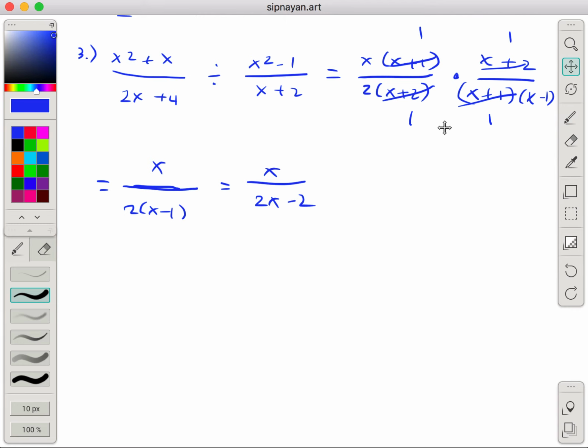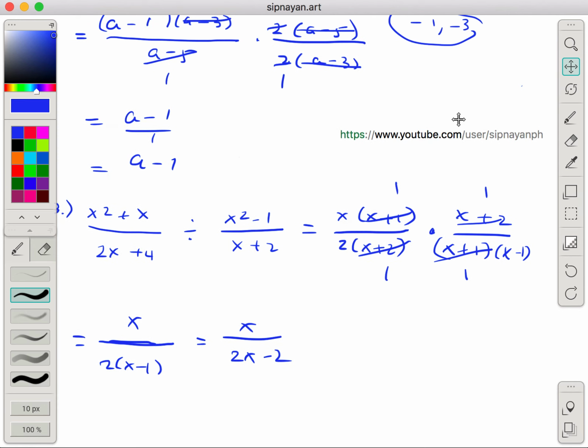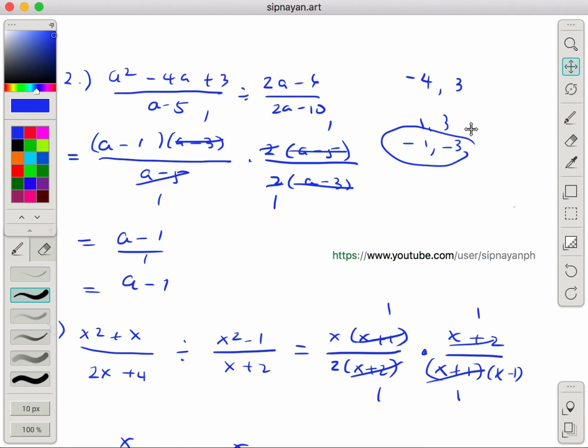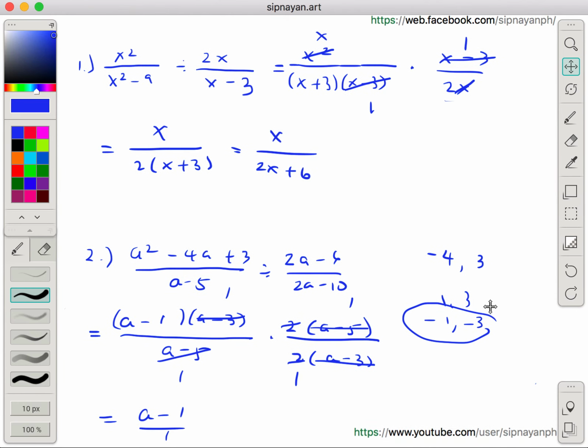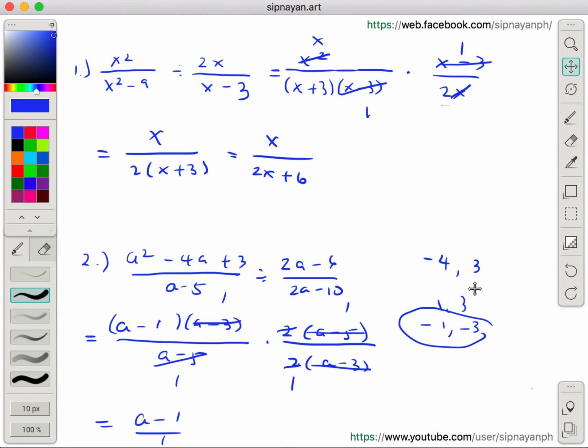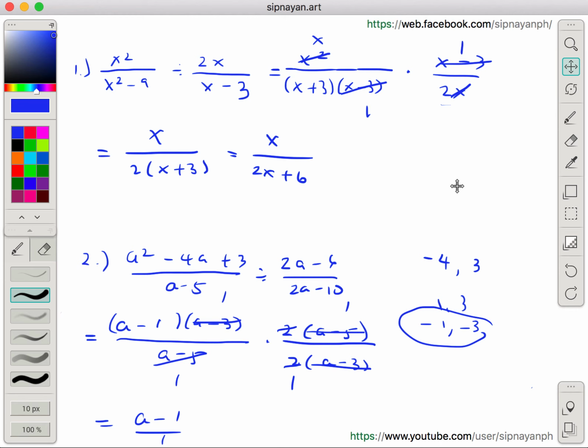Now, napapansin nyo siguro na sa rational expressions, most of the time, kailangan nyo mag-factor. At kaya, syempre, kailangan nyo malaman yung laws of exponents. So, tignan nyo yung series natin on laws of exponents. Dito kasi mag-factor kayo, tapos ang final answer niyo i-multiply nyo, syempre, kasi the division problem is converted to a multiplication problem.